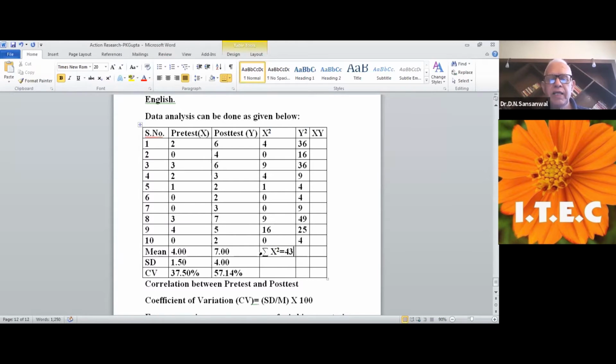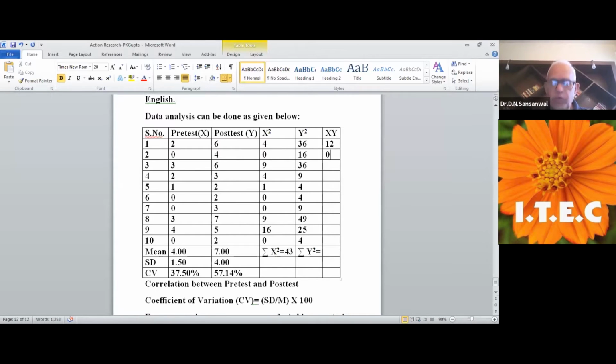Now similarly, you can find out this also. Here I will write the y. So you can add, and then we have to multiply x and y. So 2 multiplied by 6 is 12. 0 multiplied by 4 is 0. 3 multiplied by 6 is 18. 2 multiplied by 3 is 6.